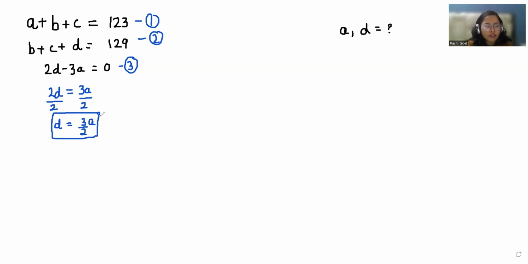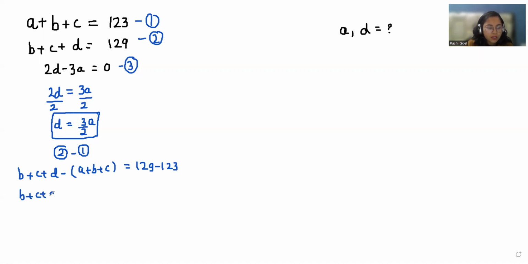Now with the help of equations number 1 and 2, we again find the value of d in terms of a. For that, we are going to subtract equation number 1 from equation number 2. So (b + c + d) - (a + b + c) = 129 - 123.